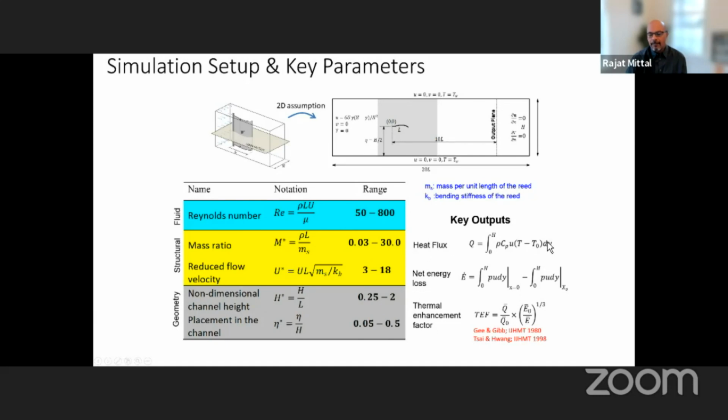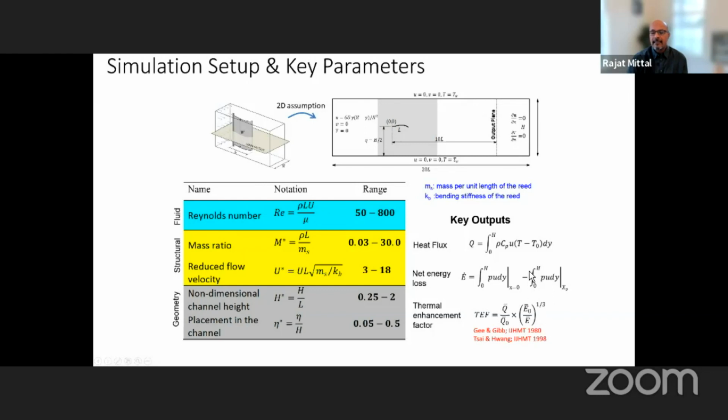The output parameters are the heat flux, the net amount of heat being transmitted through the channel, the net loss in pressure, which is basically the net loss in mechanical energy, and then also a thermal enhancement factor, a kind of heat transfer efficiency that we derived from previous work back in the 1980s and 1990s.